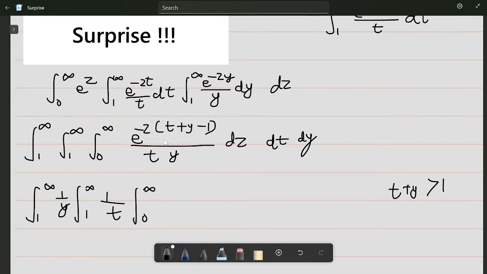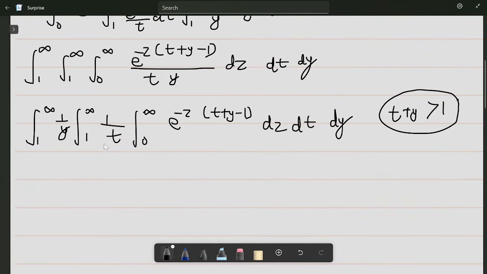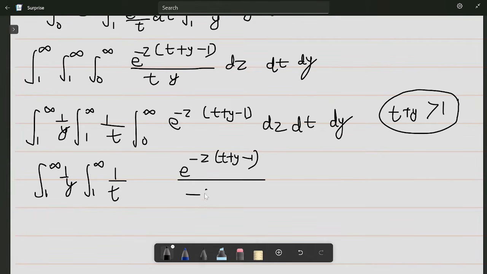Now we will be able to integrate this function, but let me do it in the next step. So the integral from 1 to infinity of 1 by y, the integral from 1 to infinity of 1 by t, and this is e to the power minus g times (t plus y minus 1), divided by minus (t plus y minus 1), from 0 to infinity, dt dy.